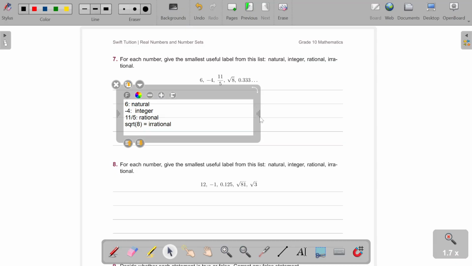And then obviously 0.333, the dot over here is not the best notation, but it just implies it's going to keep on going. We're going to talk about recurring numbers in the second video in the series, when it'll make a bit more sense. But this is 0.333, continuing with the 3s.